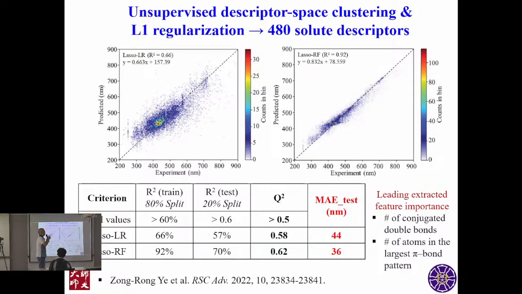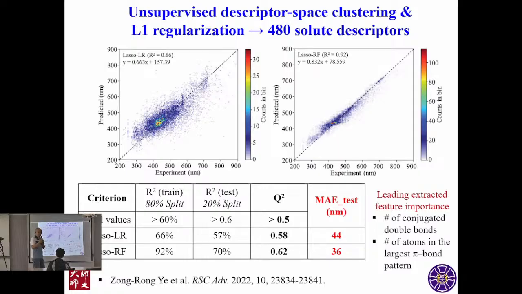Then you construct 100 trees and do statistics to describe how important each descriptor is. In that case, from those 480 descriptors, the most important one is the number of conjugated double bonds in a molecule, which is critical for predicting the wavelengths.